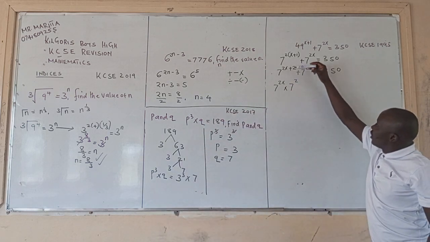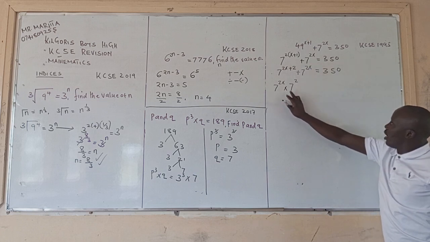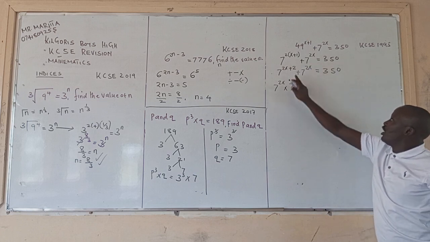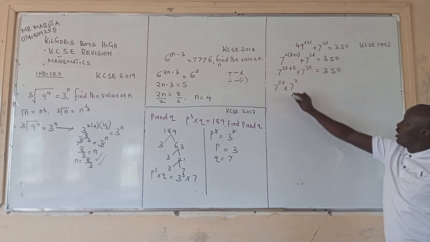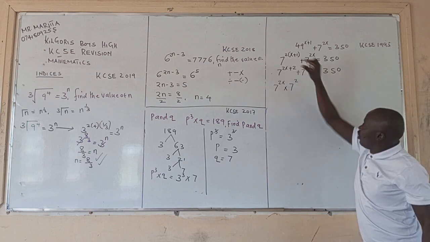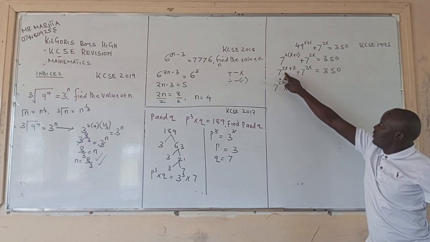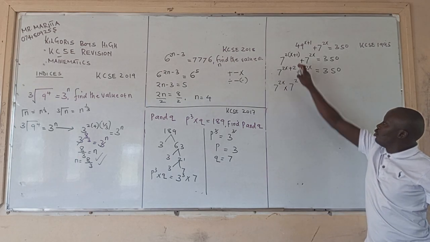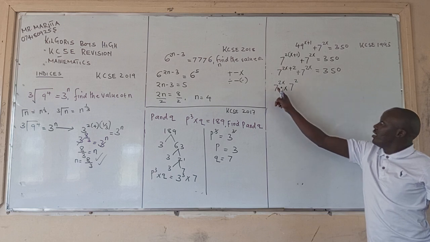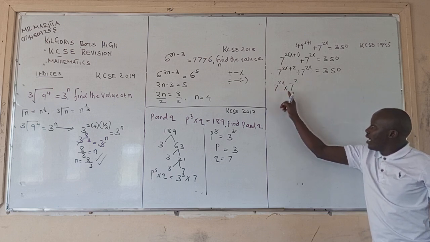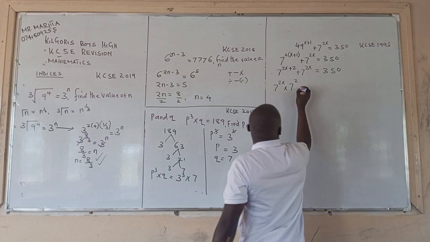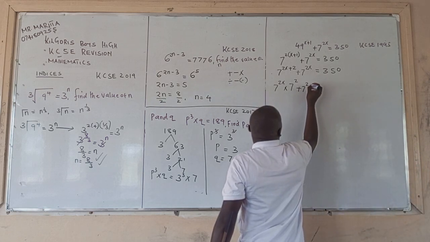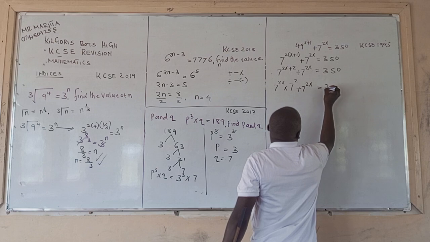When we are talking about multiplication of the base, it normally changes to the addition of the powers. So 7 raised to 2x plus 2 we can write as 7 raised to 2x times 7 raised to 2. Then plus again 7 raised to 2x, and this is equivalent to 350.